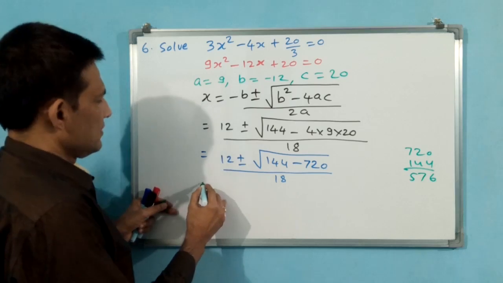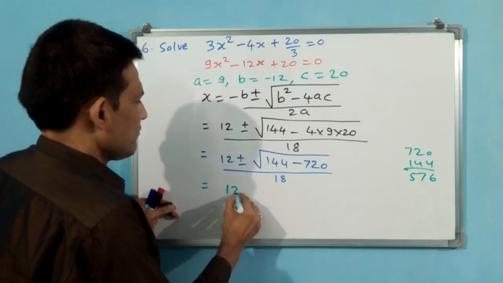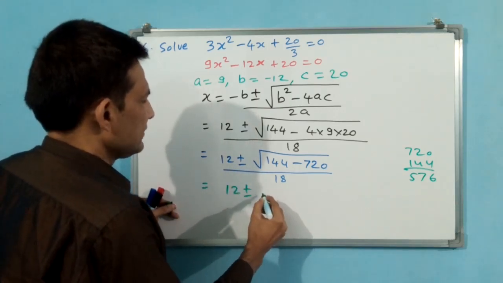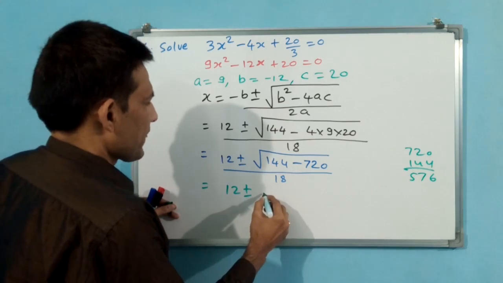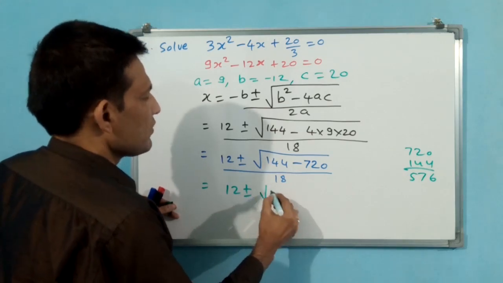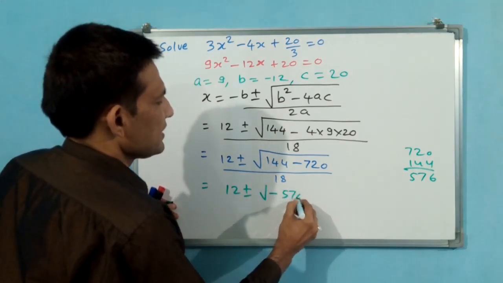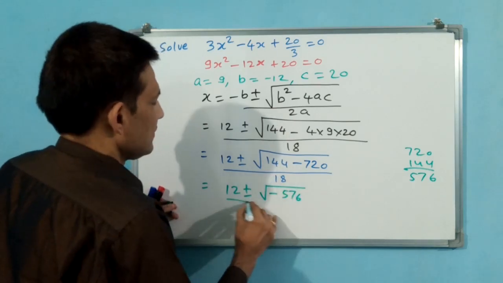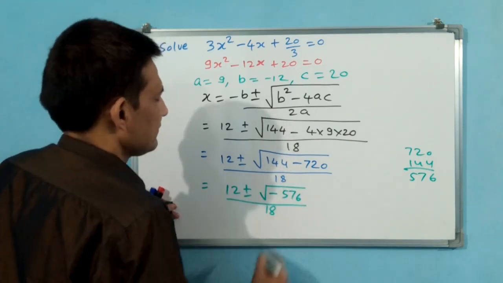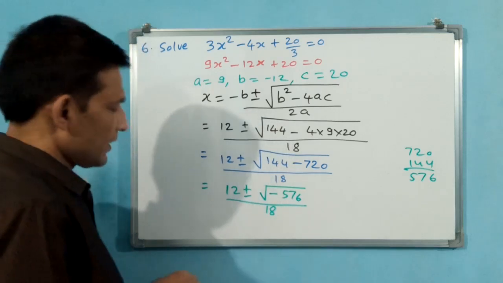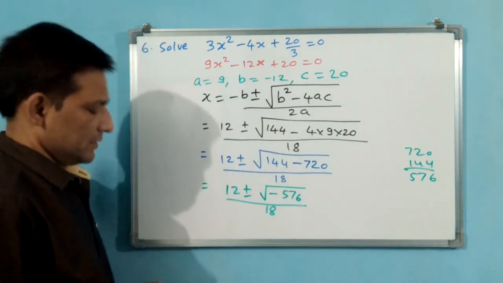Now let us make it 12 plus or minus square root of minus 576, all under 18.